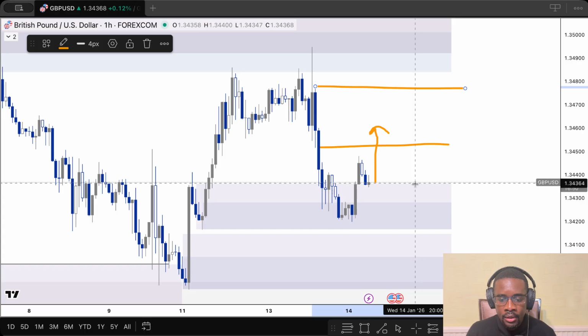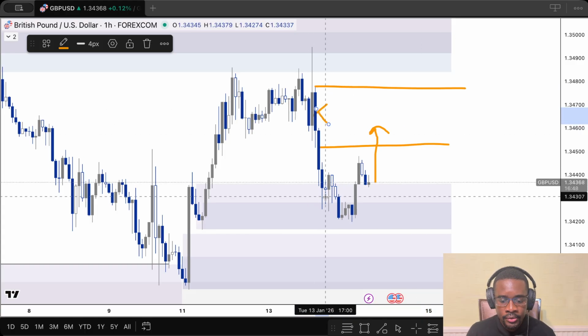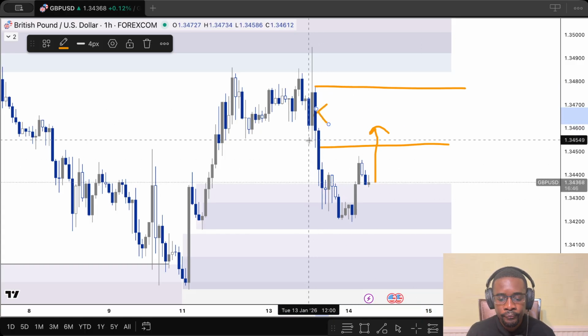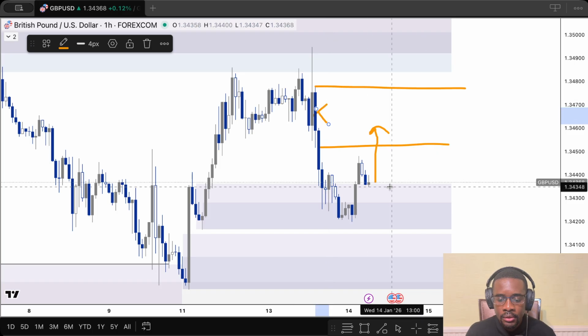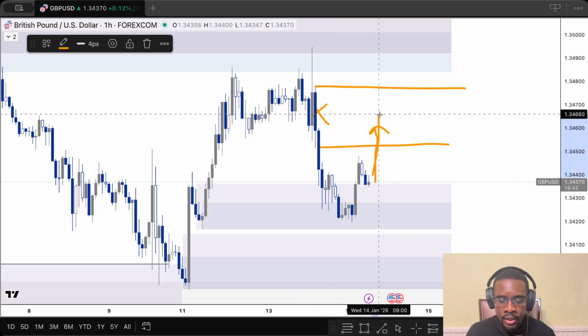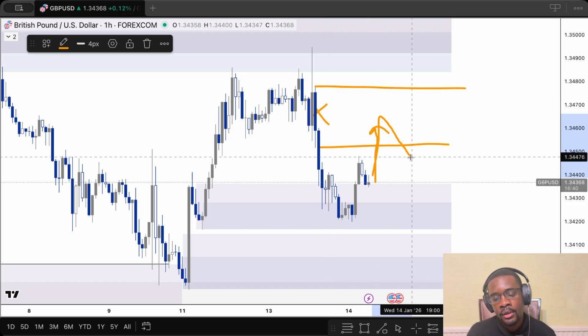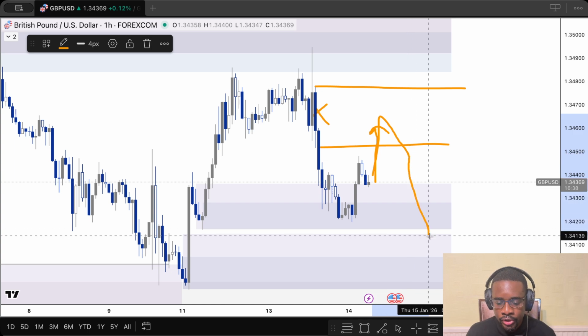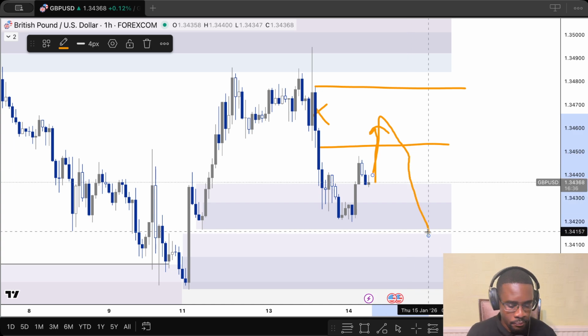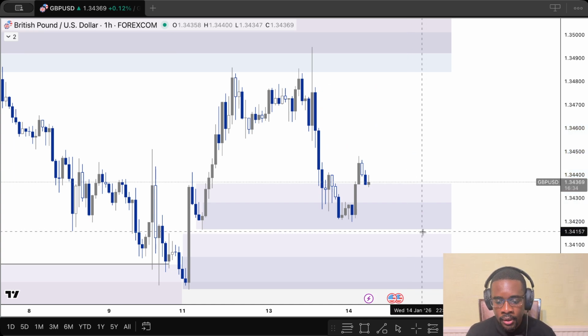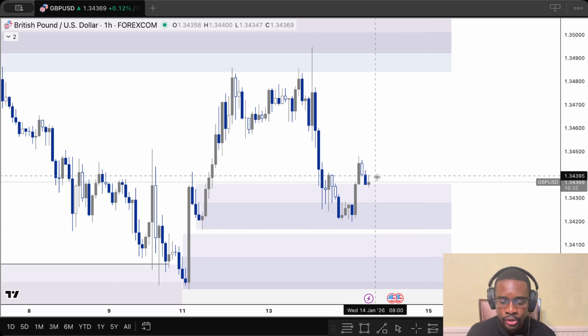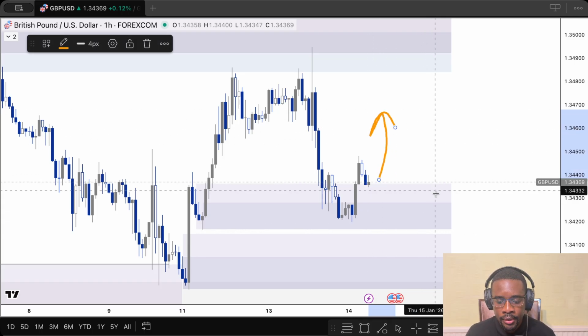This is not supply because it hasn't done its job, but it's an area where price could come in, could give a reaction, or even continue. But as it stands, even on the pound, I am a little bit more bullish than bearish.